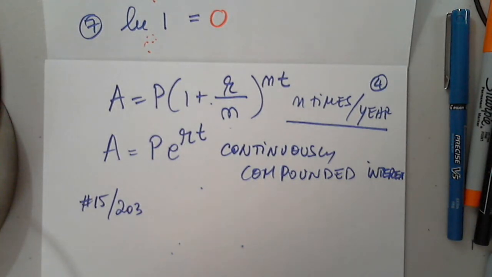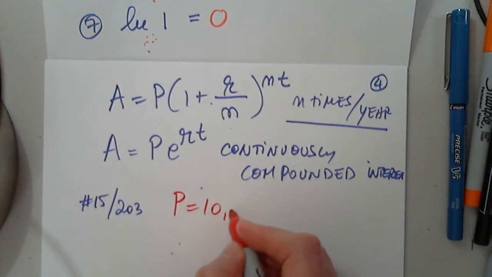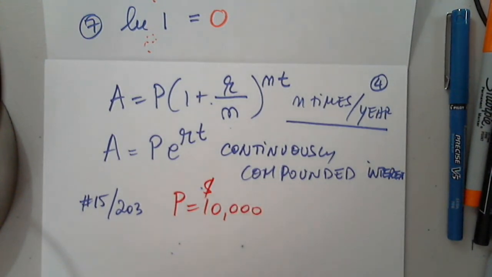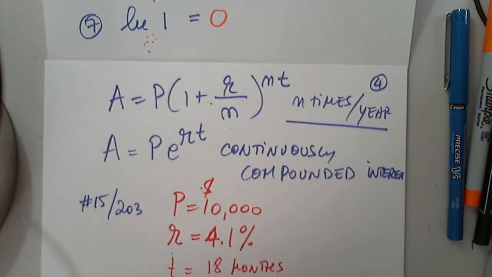Okay, so we are given P, 10,000, that's the principal. We are given the interest rate, and t equals 18 months. So one thing we need to remember, what did we say about t?